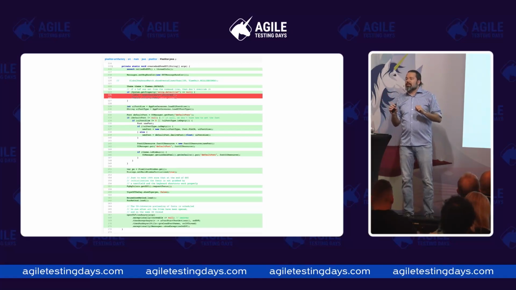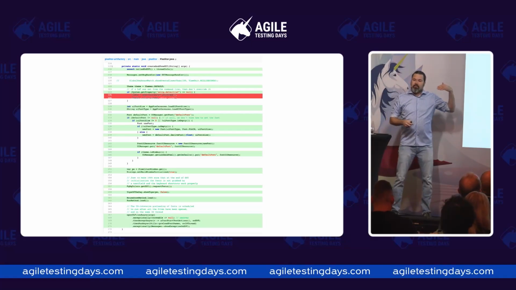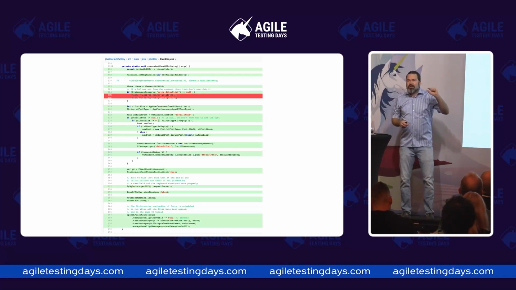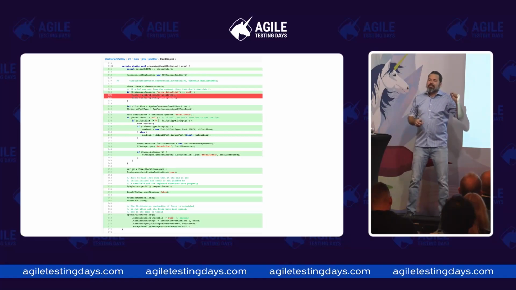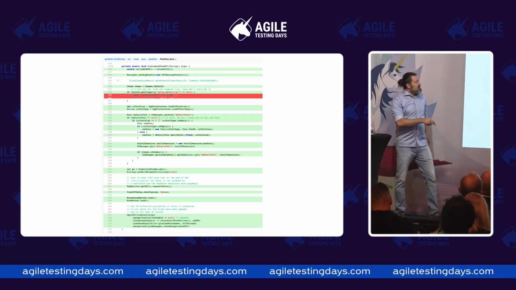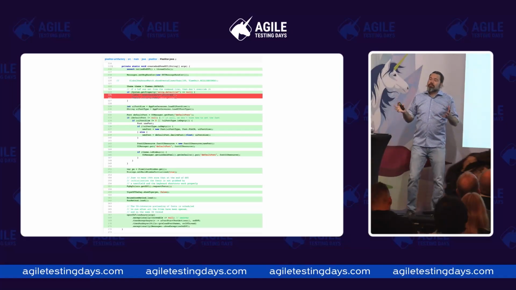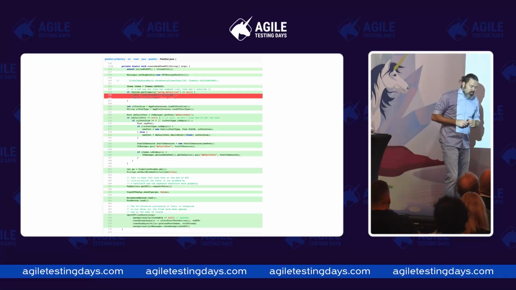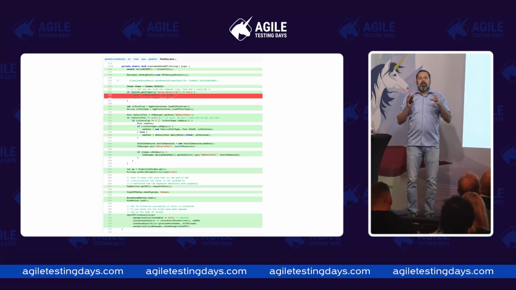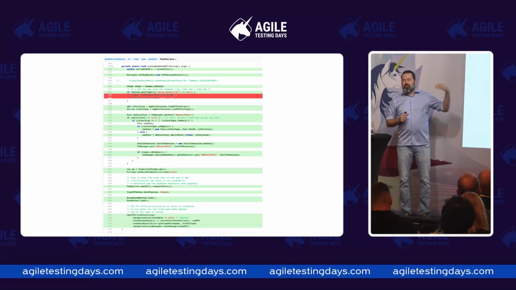I don't expect you to read it, but the key point I want to make is this is one method, and we ran unit tests against that and used a so-called code coverage profiler to automatically capture which code was executed by the tests. And in green, you see the code that was executed, and in red, you see the code that was not executed. And the typical way I see code coverage profiling used in practice is for automated unit tests only, for the purpose of seeing if we tested what we expect to test.